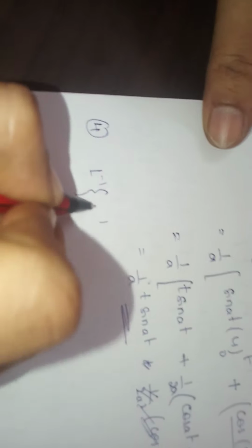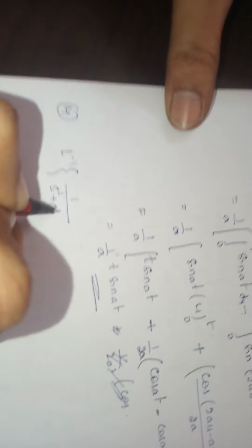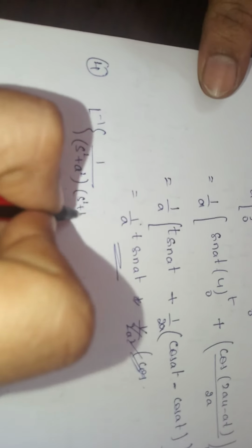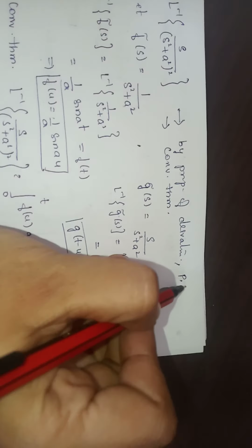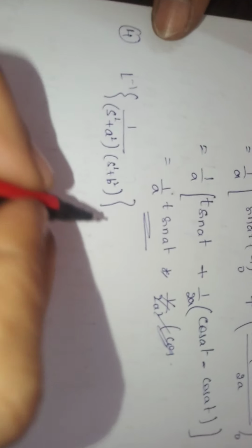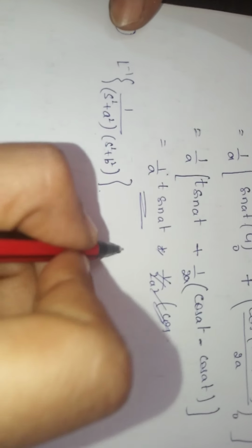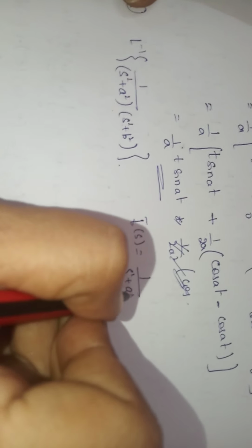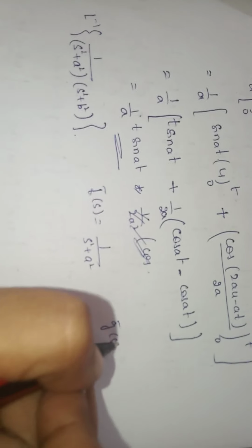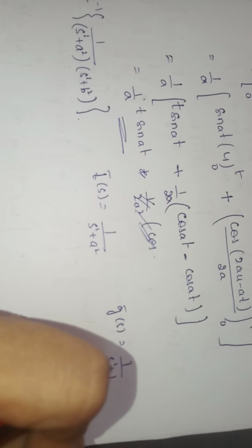Laplace inverse of 1 by (s square plus a square) into (s square plus b square). You can do using partial fractions. Here also you can do it by partial fractions or by convolution. So you select your two functions, f bar of s as 1 by s square plus a square, g bar of s as 1 by s square plus b square.